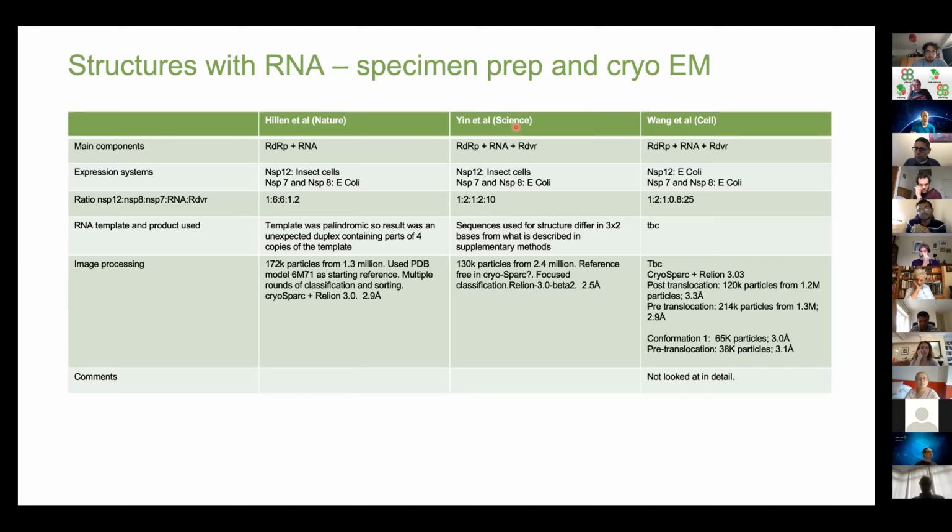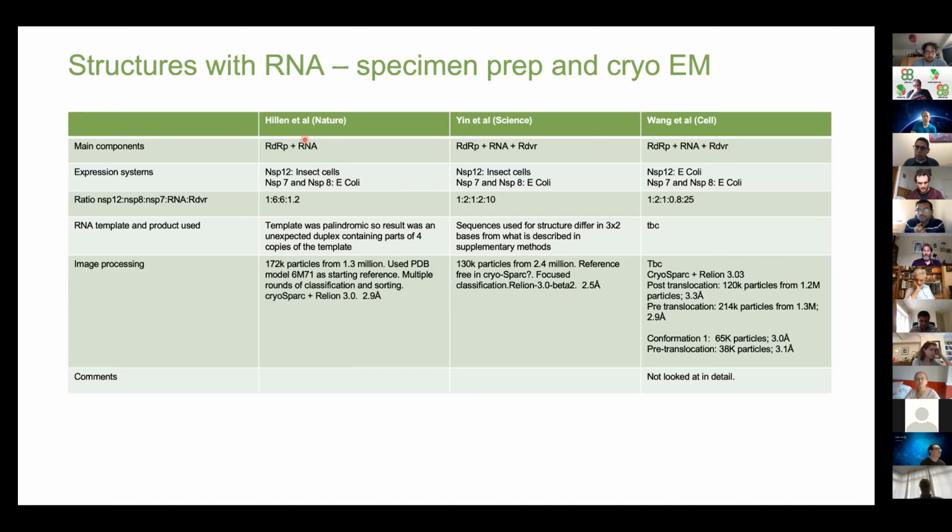This was in Science, and then you have Wang et al., which is in Cell. In terms of main components, the Hillen et al. is of the RNA polymerase with RNA. The Yin et al. is with RNA plus remdesivir, and the Wang et al. is RNA plus remdesivir as well.